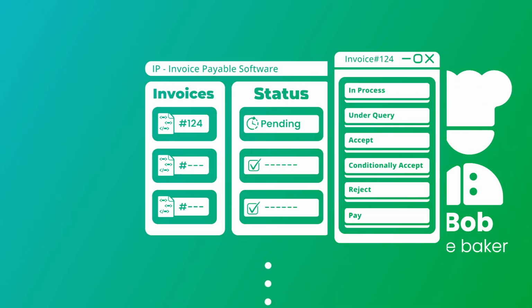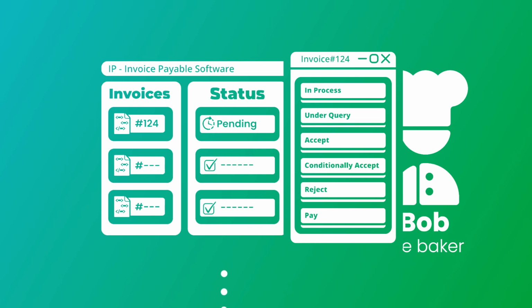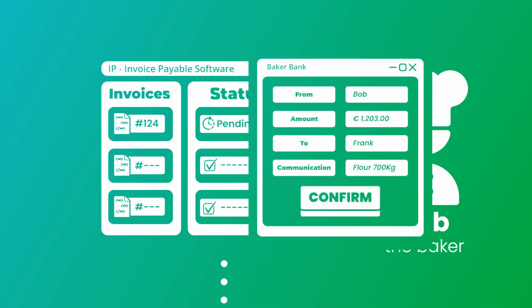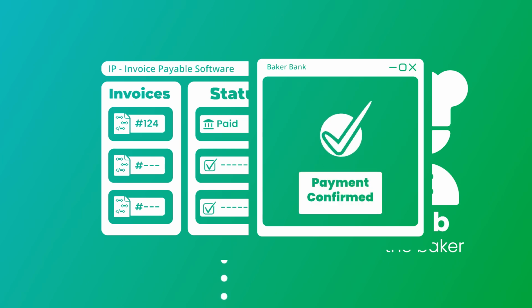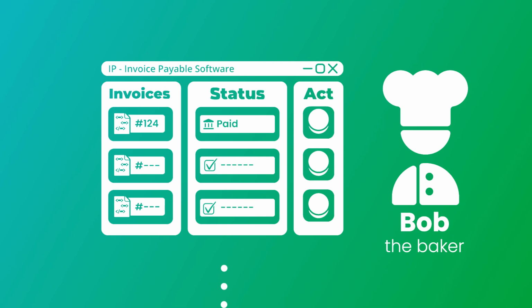Since he accepted the invoice, Bob will now proceed to pay it. Through an integration to initiate payments via his bank, also provided by Digiteal, Bob is directly redirected to his bank application to confirm the payment. The integration also allows Bob to directly see that the invoice has been paid in his IP software.